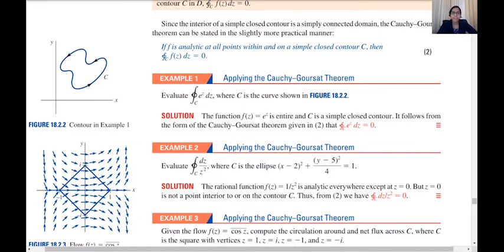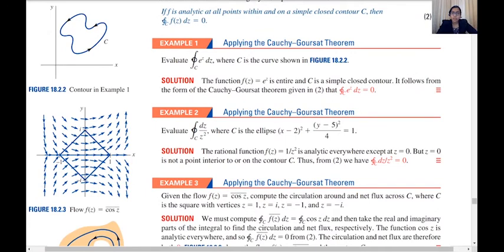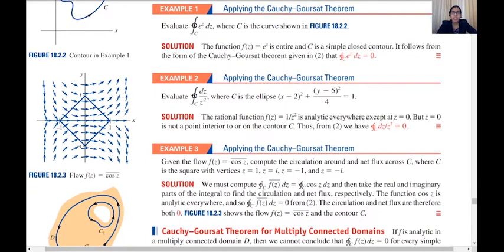Okay, now the next example: evaluate the integral over C of dz/z², where C is the ellipse (x-2)² + (y-5)²/4 = 1. So we are given the contour, which is an ellipse.